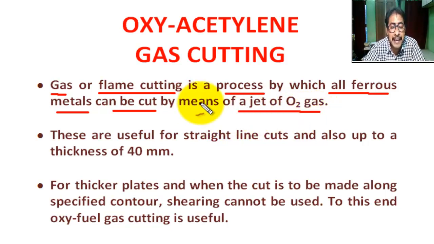It is a chemical process in the sense that the metal at the portion where it is to be cut is actually made to oxidize under the action of flame.